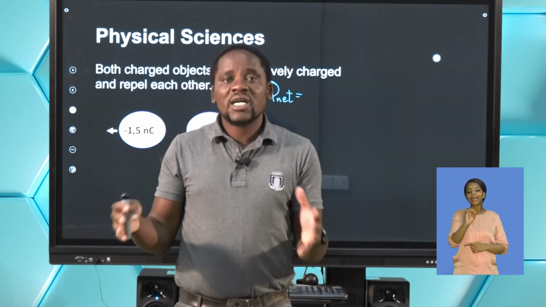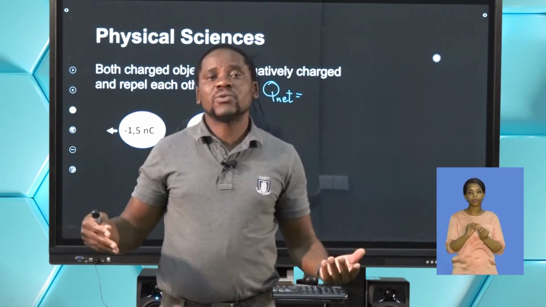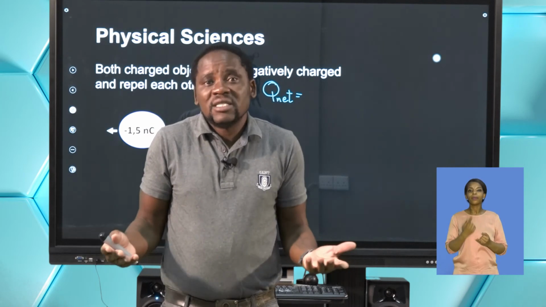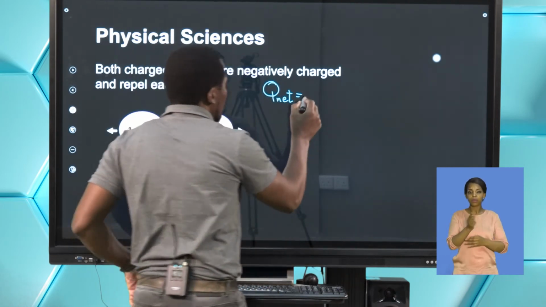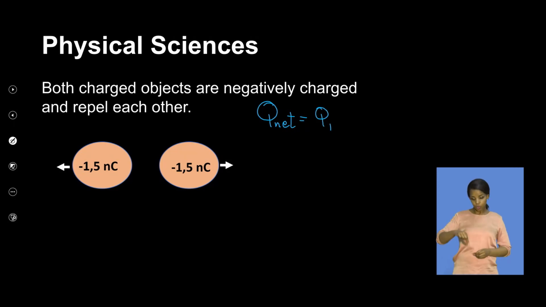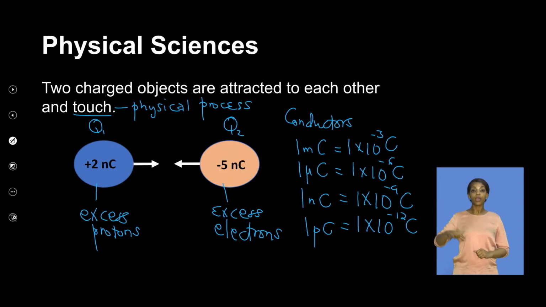Now, the net charge is the total. The word total is, in other words, net or resultant. In this case, we're talking about the total charge, which is Q1 plus Q2. That's our net charge. If we go back quickly to verify, Q1 is positive 2 nanocoulombs, and the other one is negative 5 nanocoulombs.